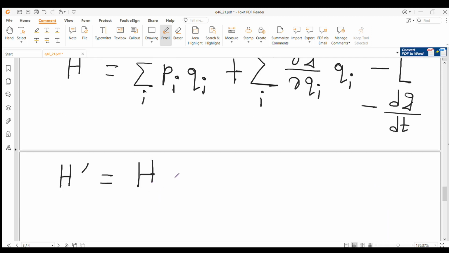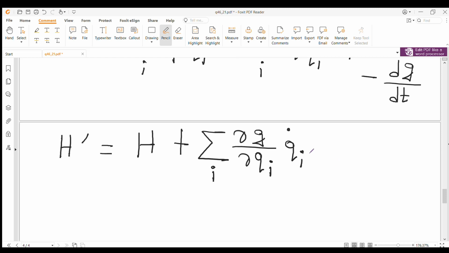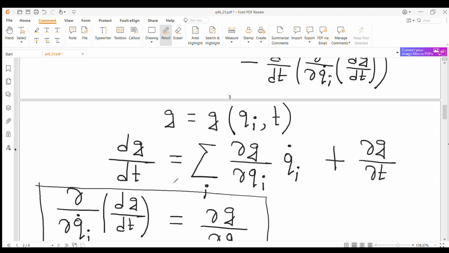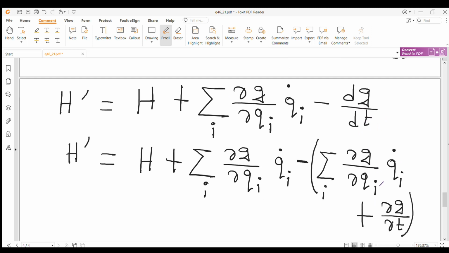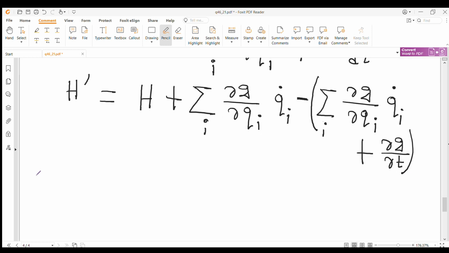So H prime is equal to H plus sum over i ∂g/∂q_i into q_i dot minus dg/dt. dg/dt is equal to sum over i ∂g/∂q_i into q_i dot plus ∂g/∂t. We replace dg/dt with this. After some simplification, we find that H prime is equal to H minus ∂g/∂t.